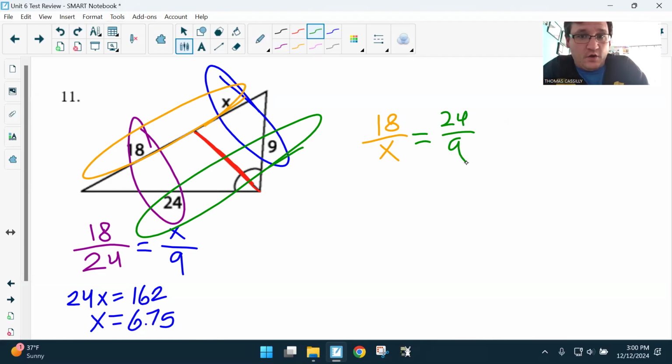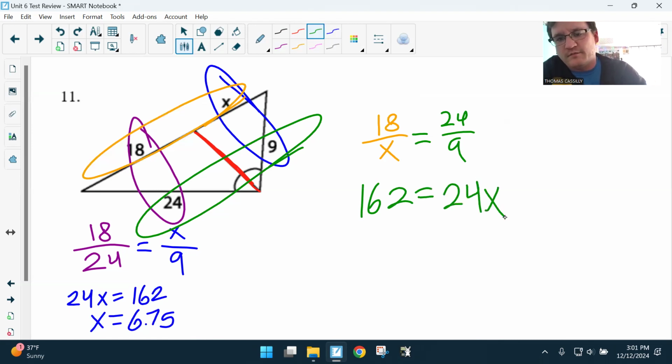And if you look at the two proportions we have set up, everything is still on the same diagonals. So we're still going to do 18 times 9. That gives us the 162. We're still going to do 24 times x, which gives us the 24x. We divide it away. We're still going to be left with that 6.75, right?